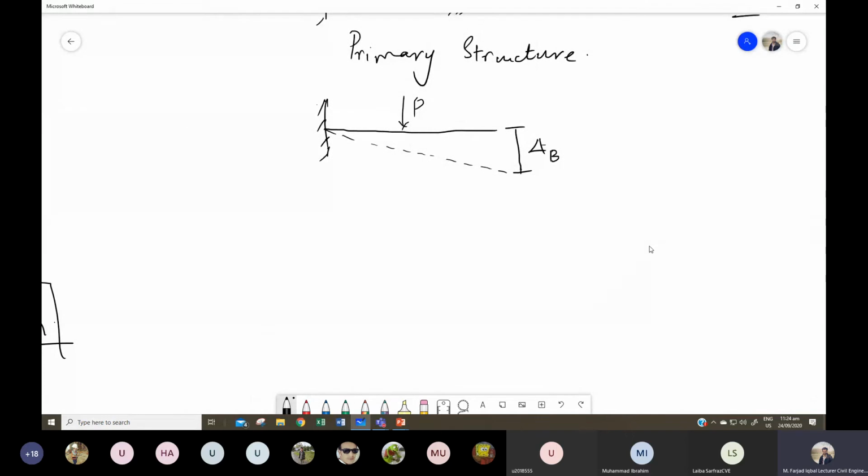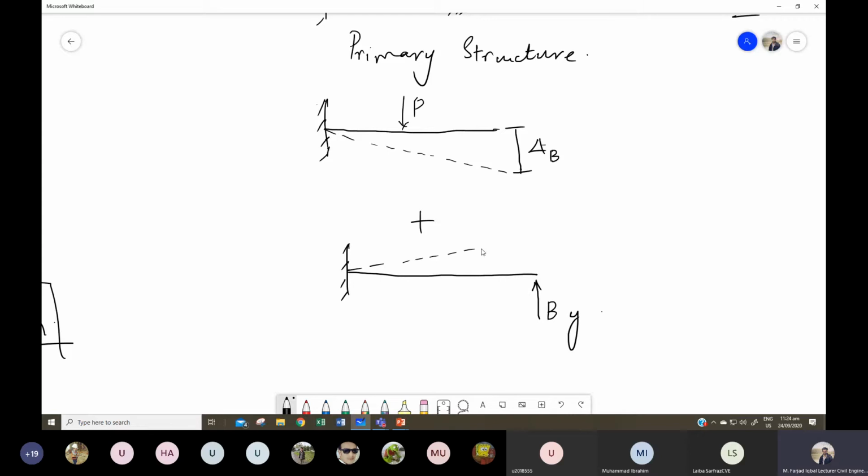Okay, and in the other structure, this method says that we should apply a redundant force at this particular joint, or the reaction that we have removed. So the reaction at this particular joint will be By. And due to this reaction, now we will remove this load as well.